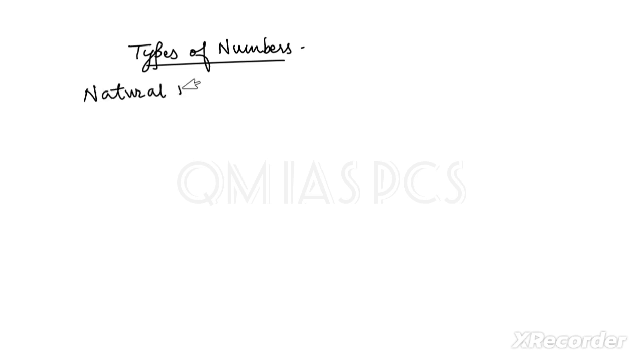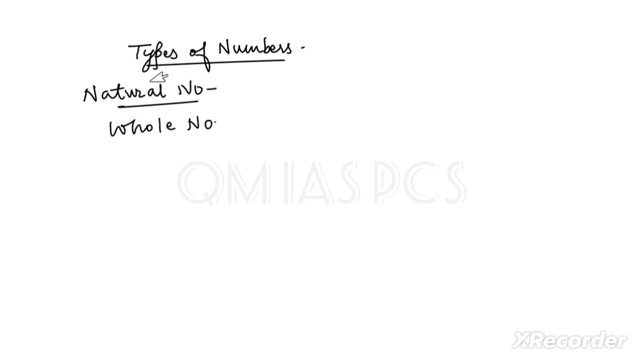We have first studied the types of numbers. In types of numbers, what are the important topics? All topics are important, but you have to understand what natural numbers are. Natural numbers means counting numbers, then whole numbers.